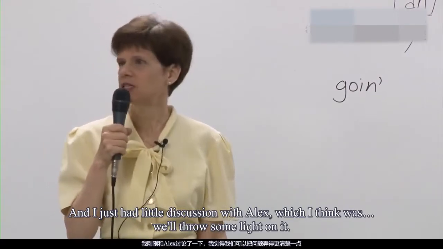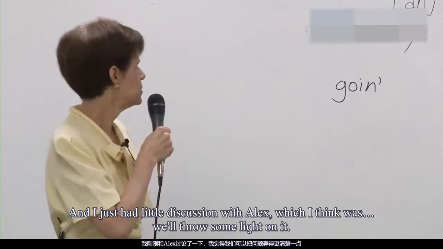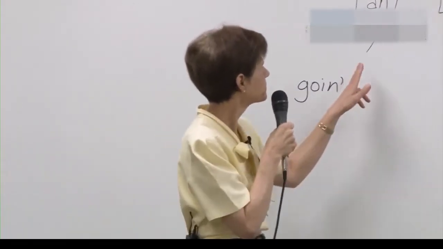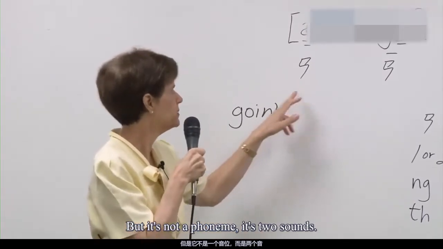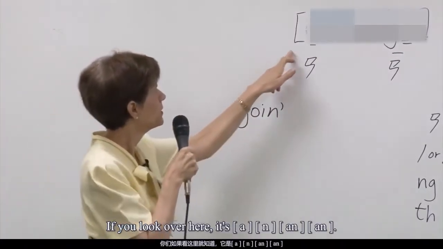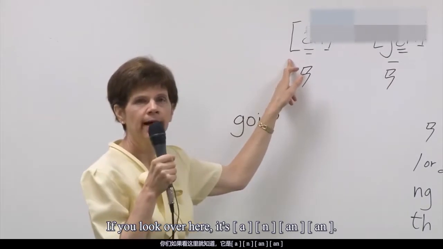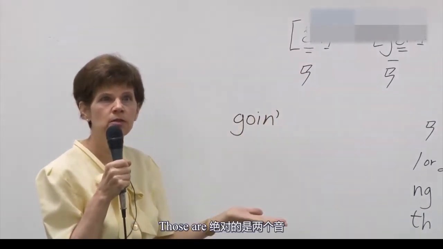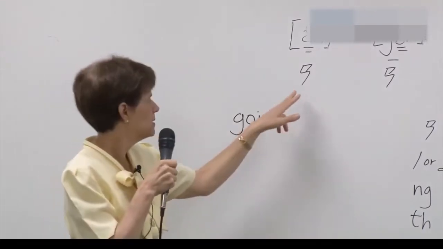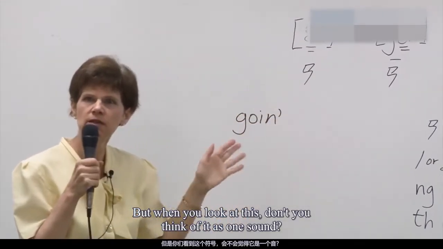I just had a little discussion with Alex, which I think will throw some light on it. I almost called this a phoneme, but it's not a phoneme, it's two sounds. If you look over here, it's a, n, an. We've got a vowel and a nasal. Those are 绝对的是两个音. But when you look at this, don't you think of it as one sound?